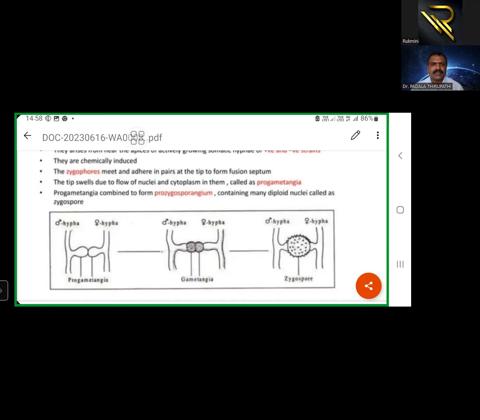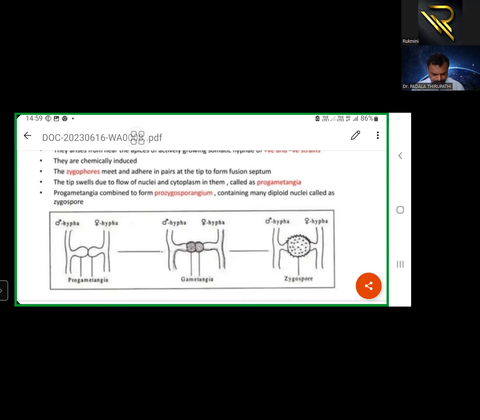So in the beginning, from this plus strain of mycelium and minus strain of mycelium, two swollen structures will develop. Those are called progametangia. Later, these progametangia enlarge in size and become round in shape. Later, these swollen portions are separated from the basal portion by the formation of a wall.